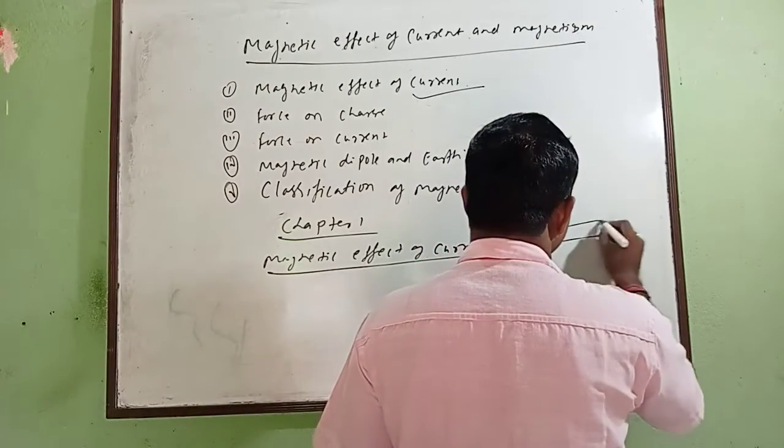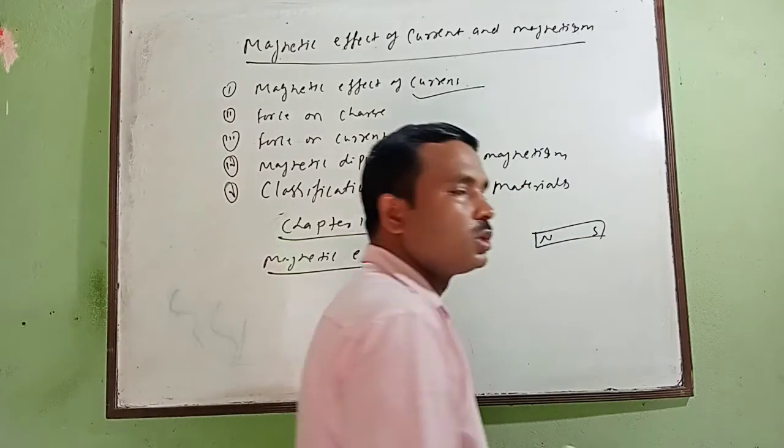How many poles are there? Two poles: this is the north pole and that is the south pole.